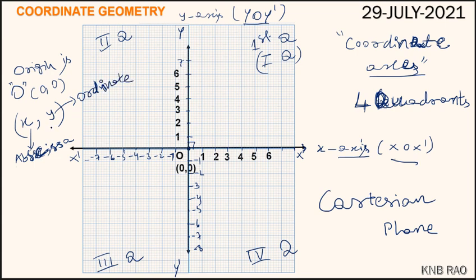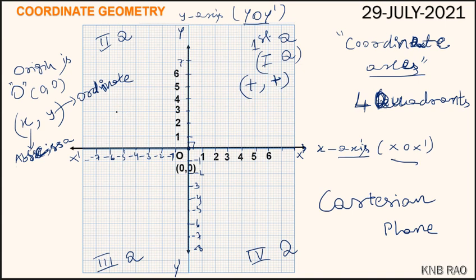So, the nature of points in these quadrants, if you observe, all the x coordinates in the first quadrant are positive, all the y coordinates in the first quadrant are positive. So, any point lying in the first quadrant will be of positive, positive nature.